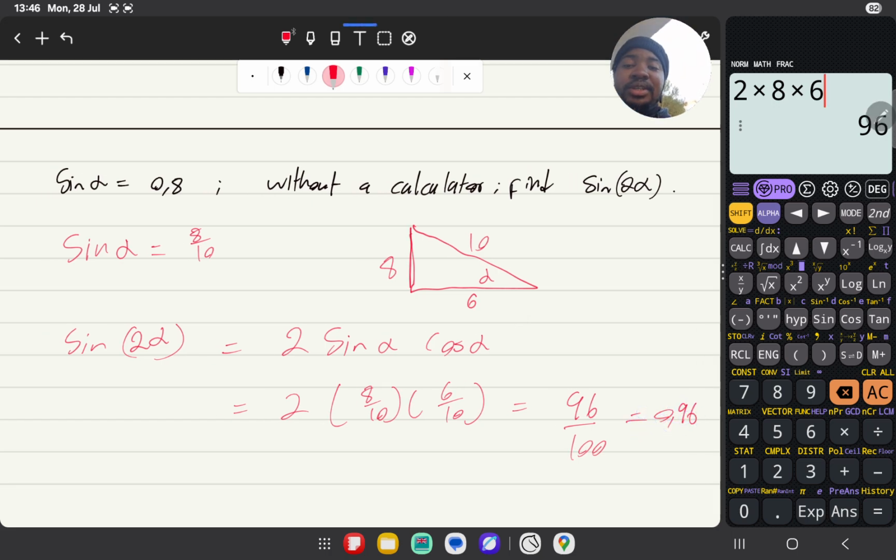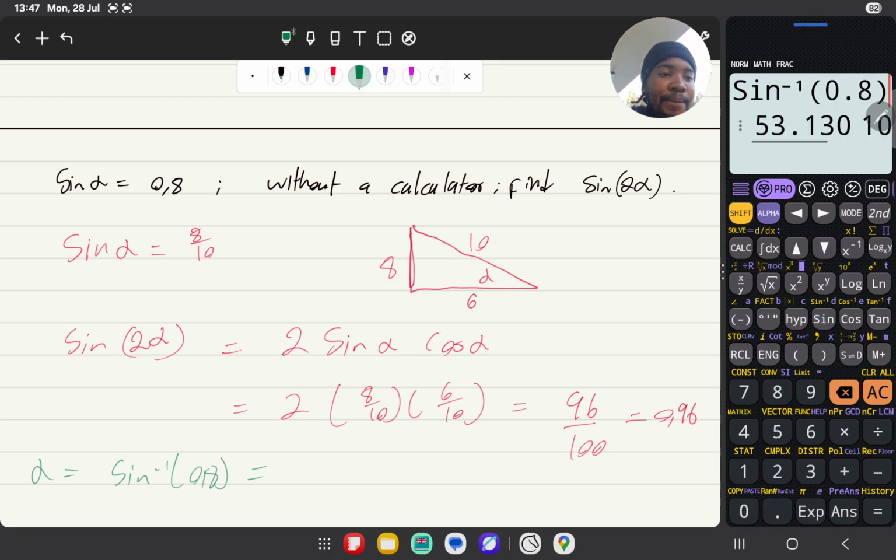I can test it out and use a calculator. If I use a calculator, I will say alpha equals inverse sine of 0.8, right? So I'm getting 53.13 degrees.